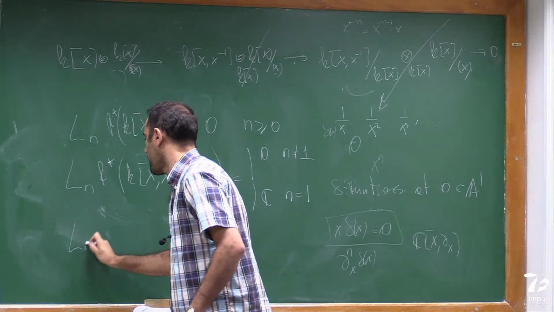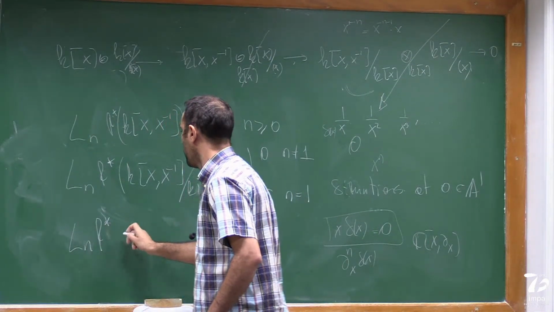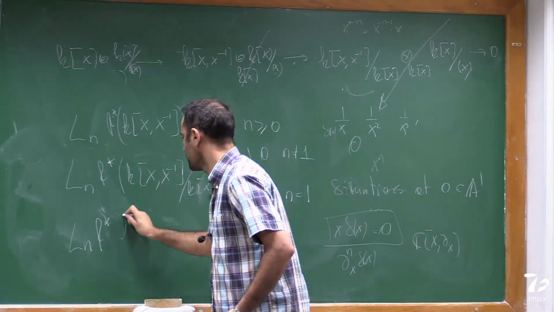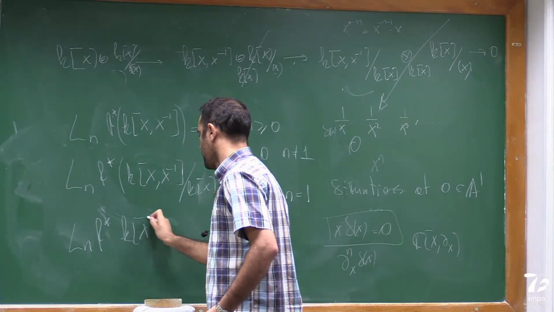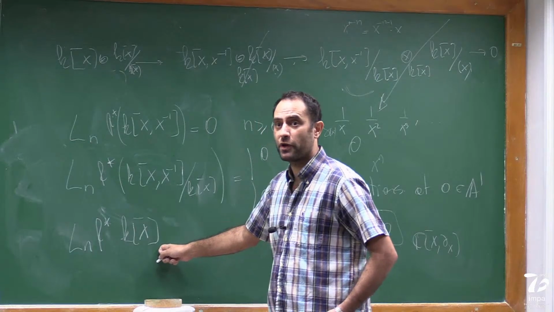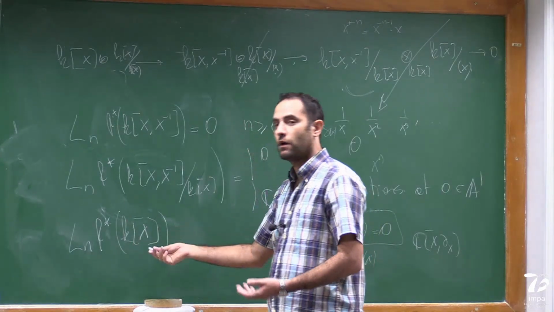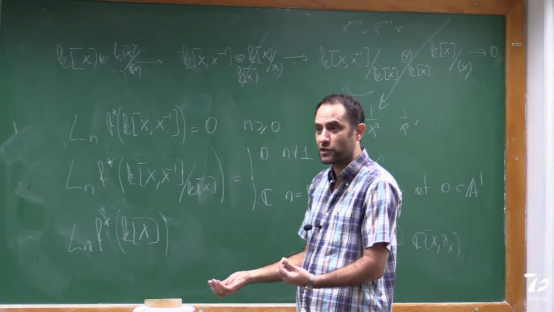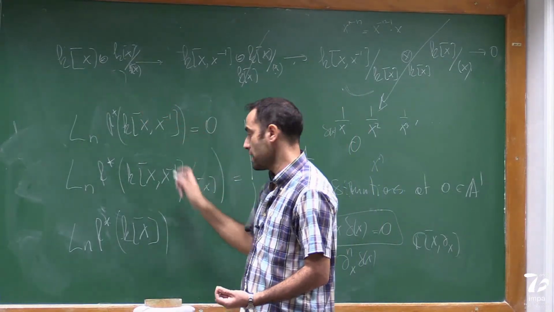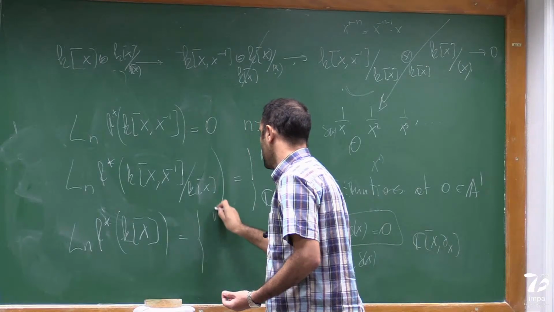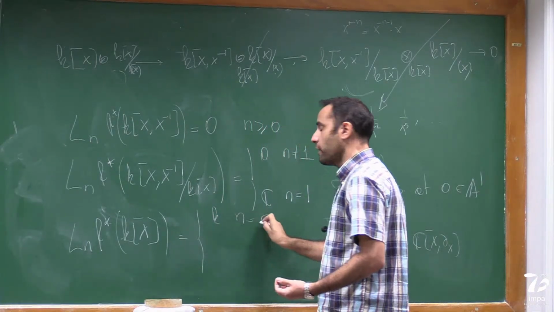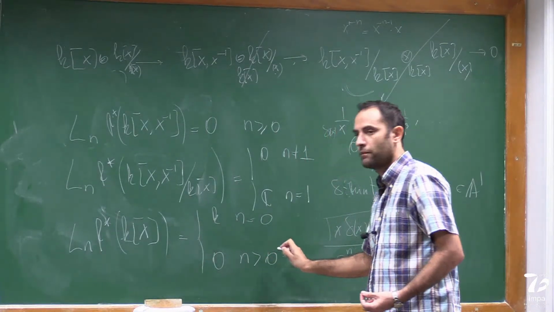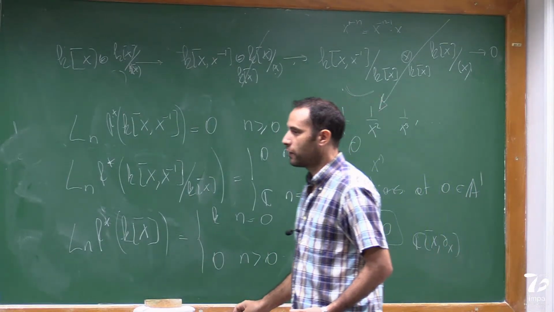And Ln pullback of k of x, the ring of all functions. Well, we've already computed this. This is functions on the whole line. If I pull them back to the point, I just get the fiber. And indeed, this is k when n is equal to 0, which are the functions on the point, and 0 if n is bigger than 0. Okay, so we've computed all of those today.